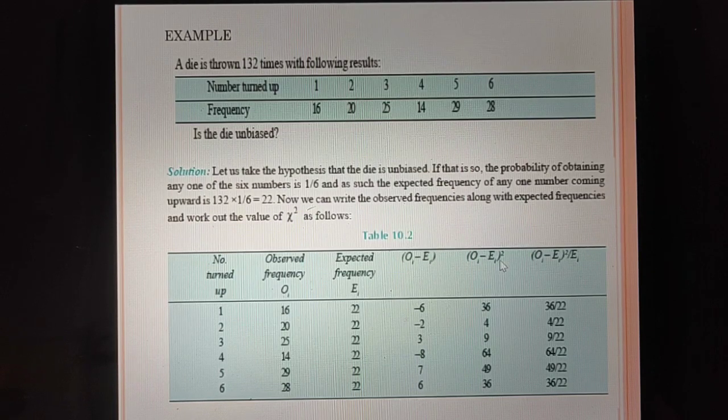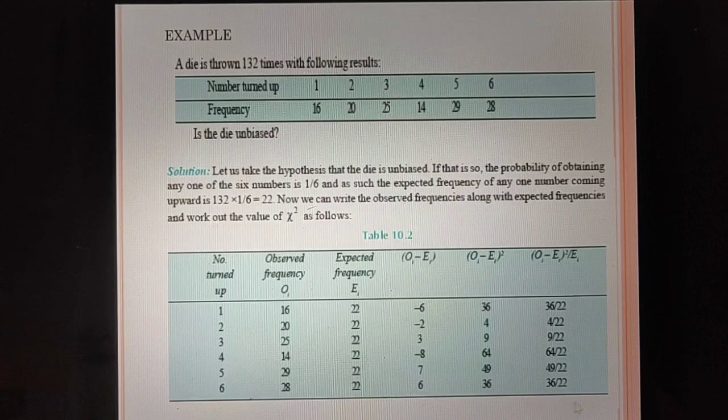In the next step we have to square these values. The square of minus 6 will be 36. Accordingly we can calculate the other values, and now for the final values we have to divide these by E. So 36 will be divided by 22, since the E value is 22, and accordingly 4 will be divided by 22, 9 will be divided by 22, and 64 will be divided by 22.